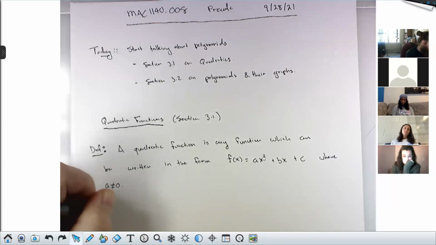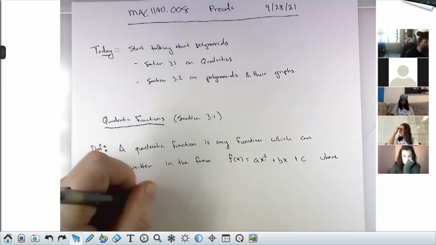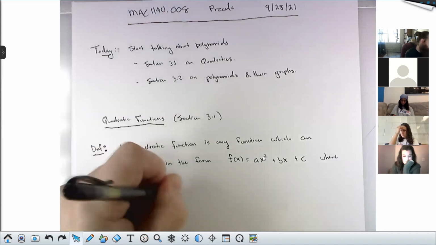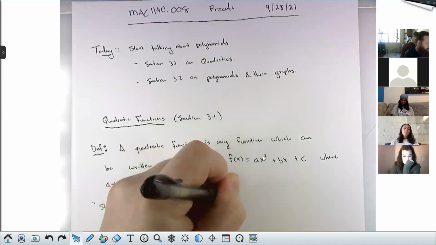Standard, which most books call the vertex form of a quadratic.